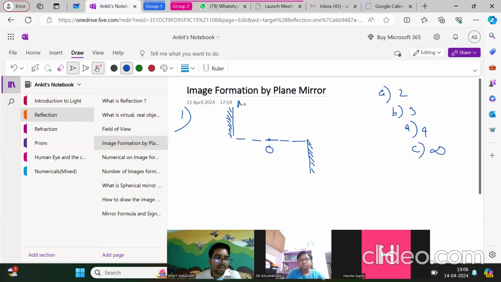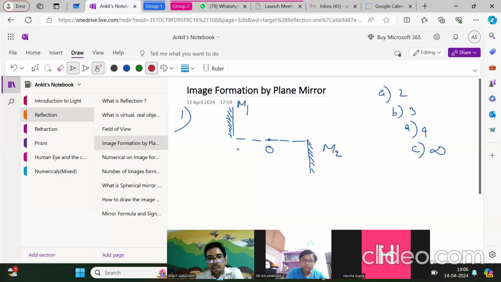This is mirror 1, this is mirror 2. Tell me. 4 images will be formed. 4. Are you sure? For this mirror, this is the object. So one ray will enter.